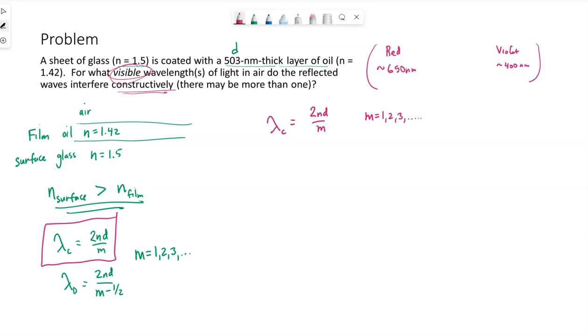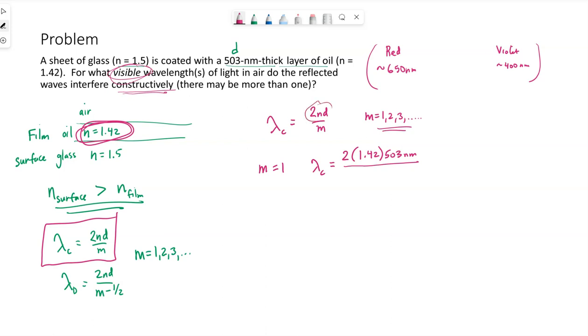What this means is we have to keep putting in m values until we find all of the wavelengths that fall in this range. So n, always the index of refraction of the film itself. D, 503 nanometers, that's how thick this layer is. So the numerator is always going to be the same.